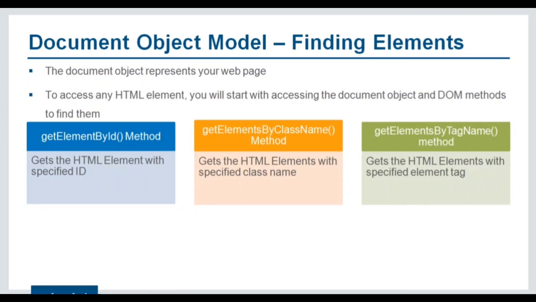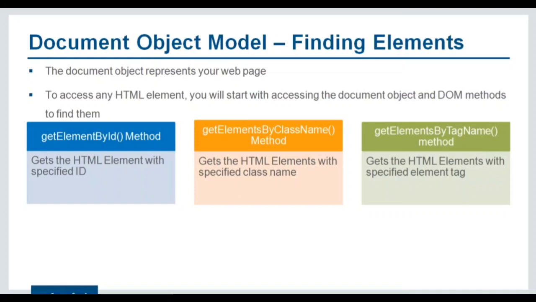So you can create two style classes, one for the submit button and one for the cancel button, and you can include these classes whenever you're writing a button. If you have added this class name, then you can access that element based on that class name. You can also access an element using its tag name.